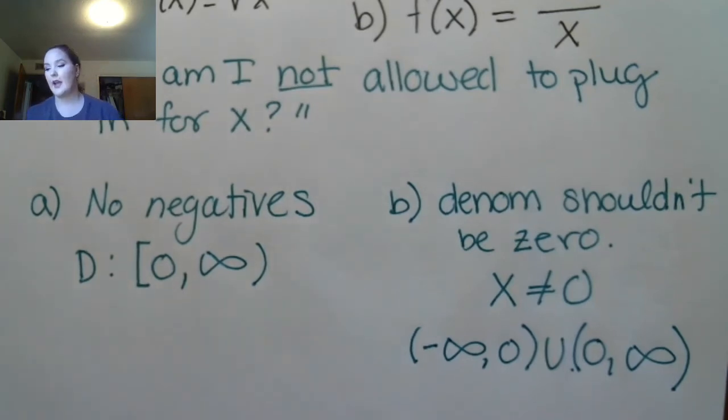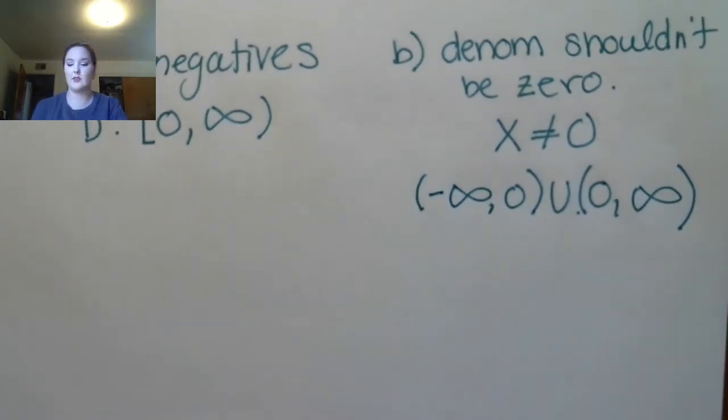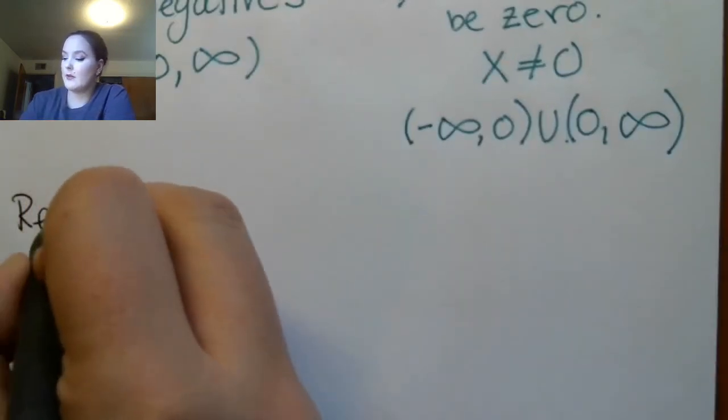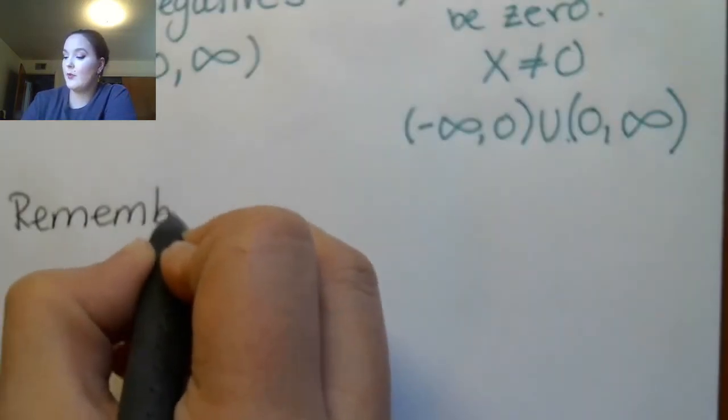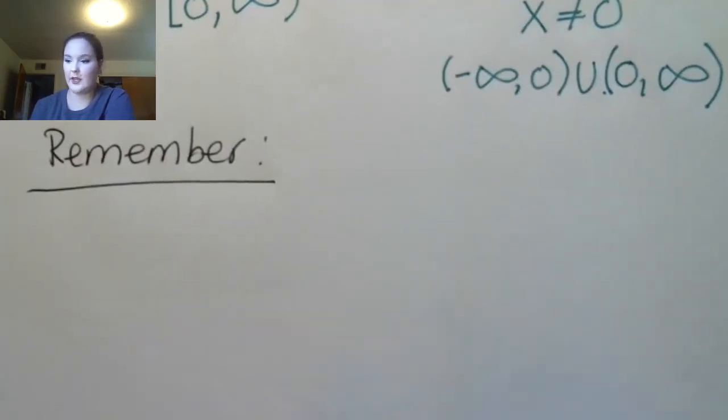All right, let's go ahead and look at a couple more complicated examples that are really based on these rules. I'm just going to point out the main things that help us find the domain algebraically.